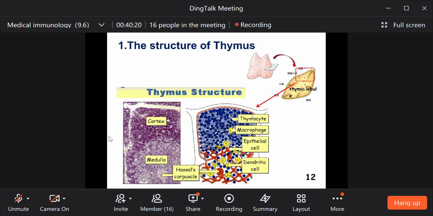Here are the thymus tissue sections and the diagram on the right. We can see in the picture that the thymus is packed with several kinds of cells.